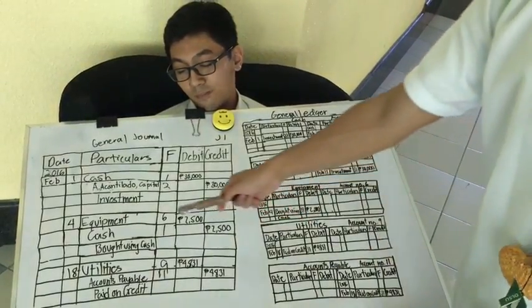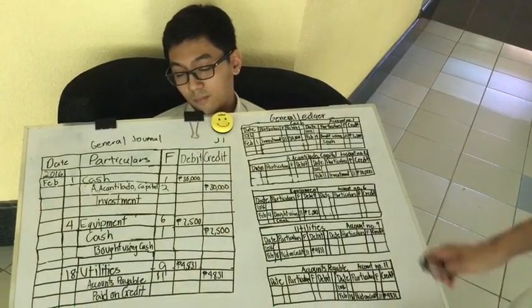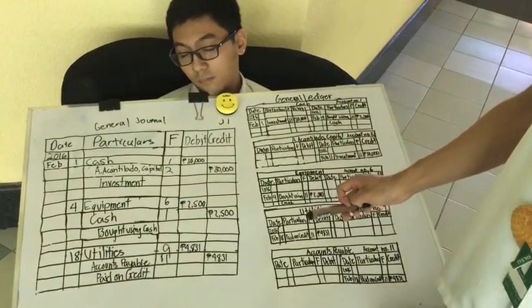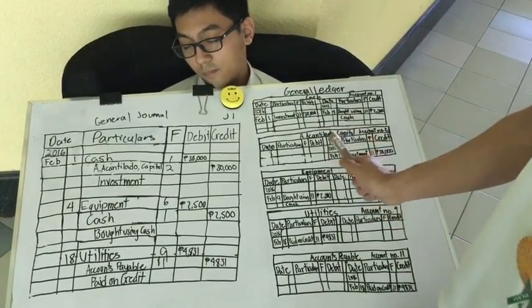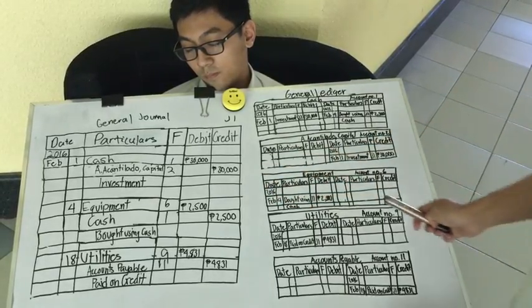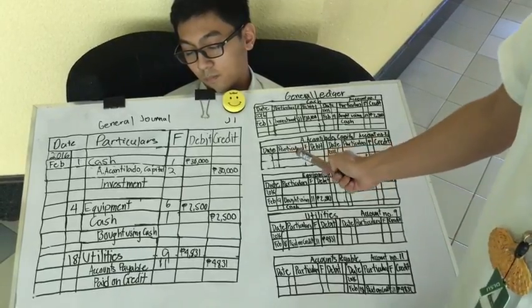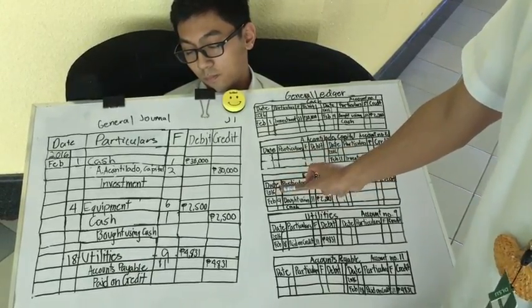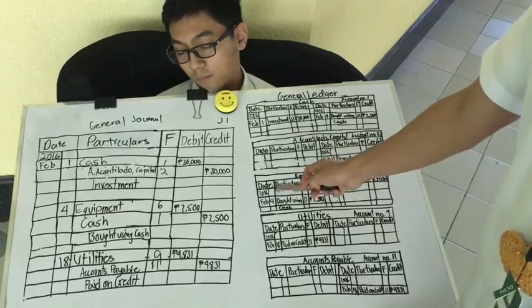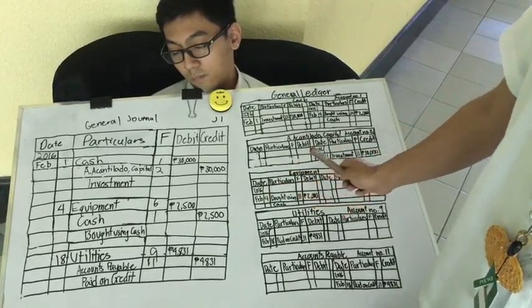Next is February 4, which is the equipment in our particulars. For our general ledger, we look for the equipment account, which we haven't written anything in since it's the first equipment to be posted. So we start from the top, where we write the year, which is 2016, and then the month, which is February, and the day of the journal entry, which is February 4.